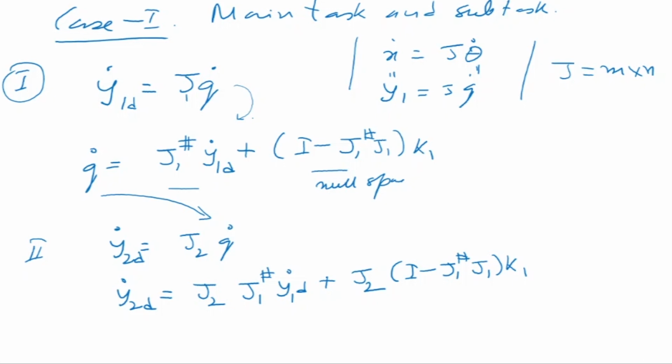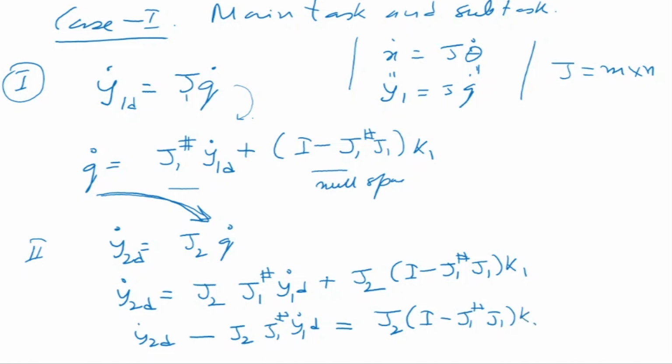Okay, so what I did is I took this q dot and I put it inside here. So there is a j2 there, which is for the second task. Now I can write this as y2d minus j2 into j1 hash into y1d is equal to j2 into I minus j1 hash j1 into k1.